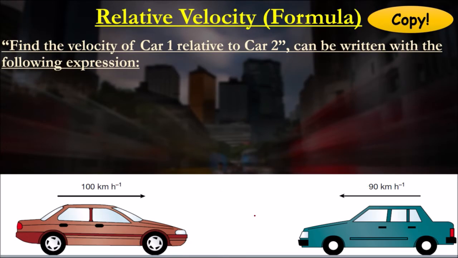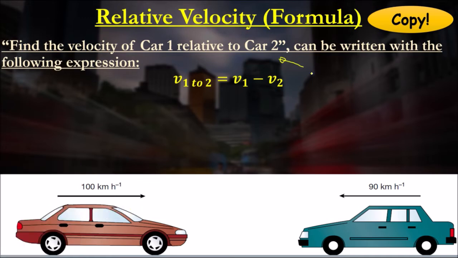If we want to express this mathematically, we can write it as the velocity of v1 relative to v2. So the question could be worded like this: find the velocity of car 1 relative to car 2. So car 2 is the perspective, okay?